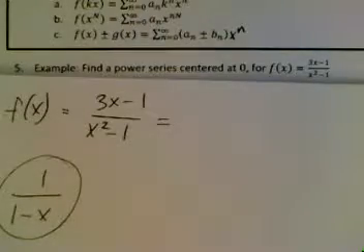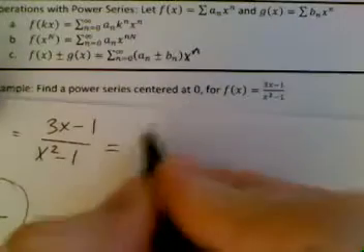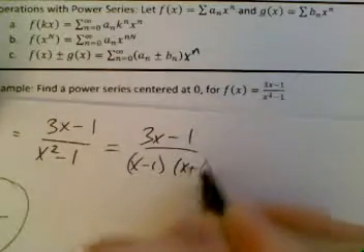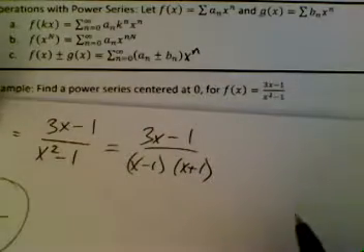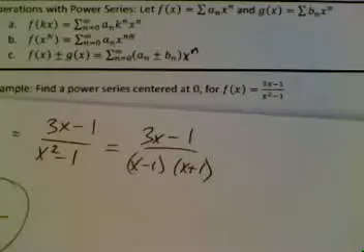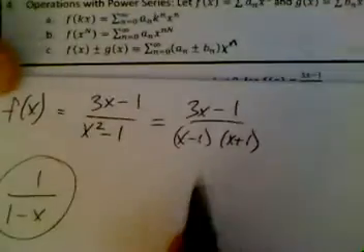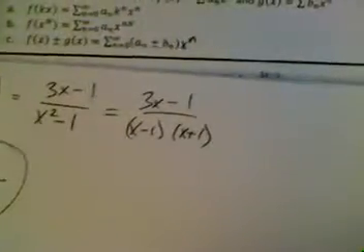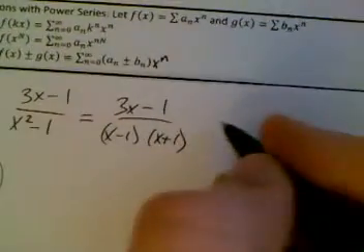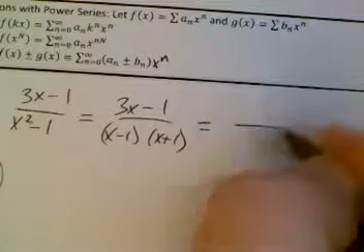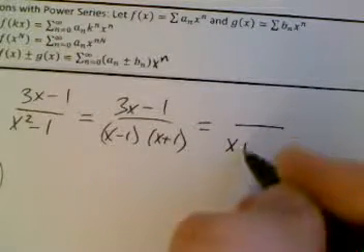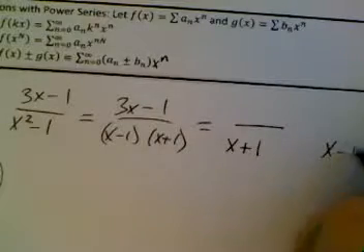Well, for me to get that, this bottom piece, doesn't that factor into x minus 1 times x plus 1? Wasn't there something with integrals that we did to make this like this in some way? I'm going to go ahead and write the plus 1 first and the x minus 1 second.